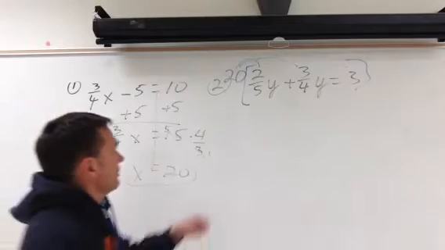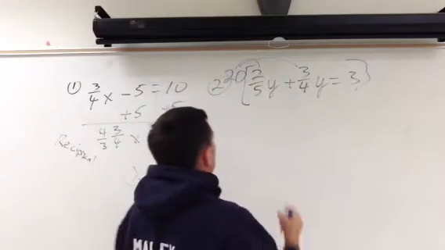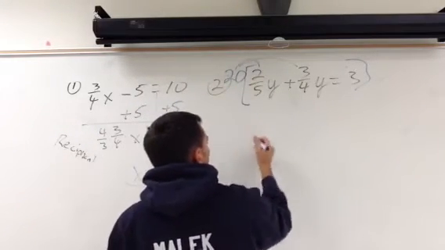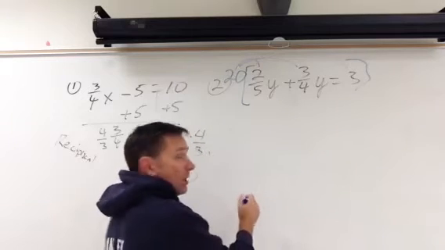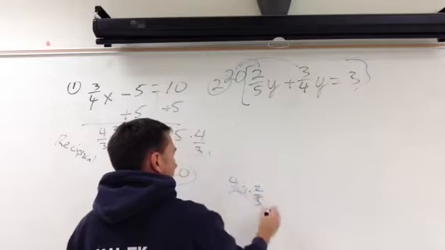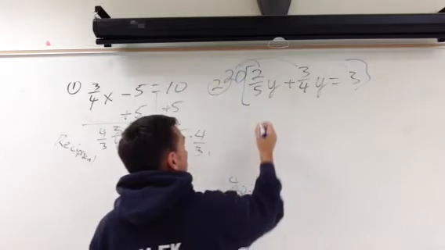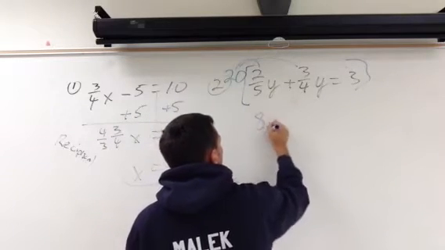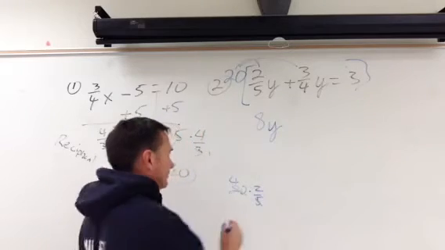When we do this, we take 20 times 2/5. 5 goes into 20 4 times, and 4 times 2 is, we get 8y.